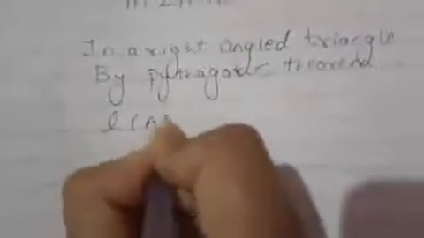Length of AB square is equal to length of AM square plus length of BM square. So we will write here length of AB square is equal to length of AM square plus length of BM square. This is the Pythagoras theorem, right? You all know the Pythagoras theorem.